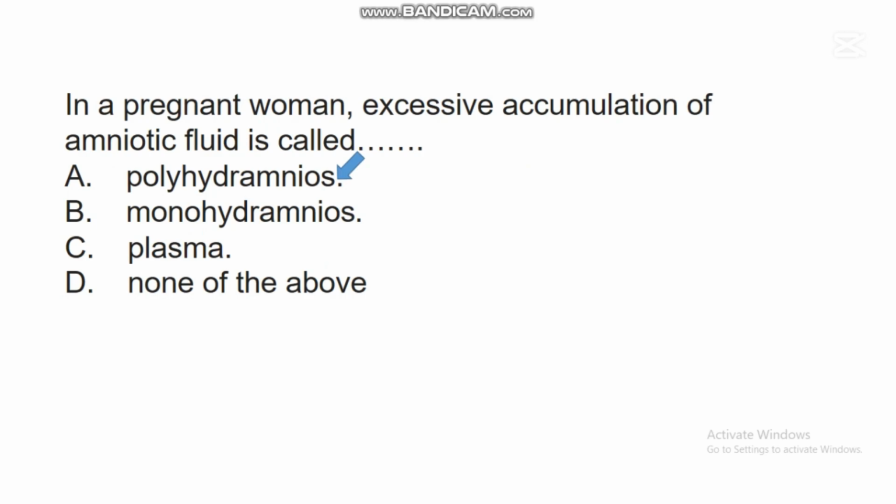Polyhydramnios is a condition in a pregnant woman whereby there is excessive accumulation of amniotic fluid. If amniotic fluid becomes excessive, that pregnancy can be affected. There are things that can result from such a condition. So a situation whereby the body of a woman produces excessive amniotic fluid is what we call polyhydramnios.